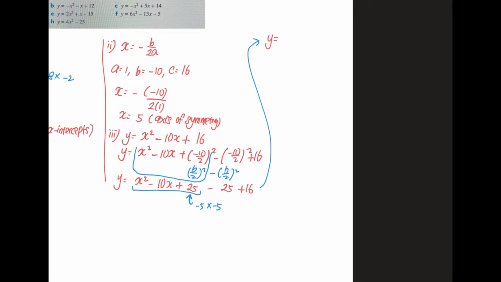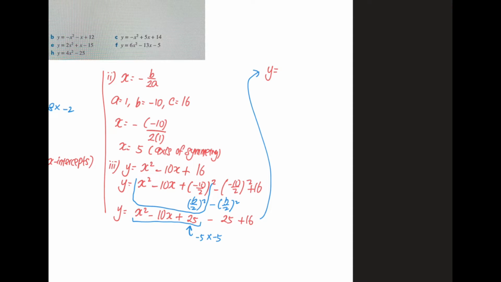When I multiply these two, I get positive 25, and when I add them, I get negative 10. So the factors are the same: x minus 5 squared. And for the last two terms, minus 25 plus 16, we get negative 9.